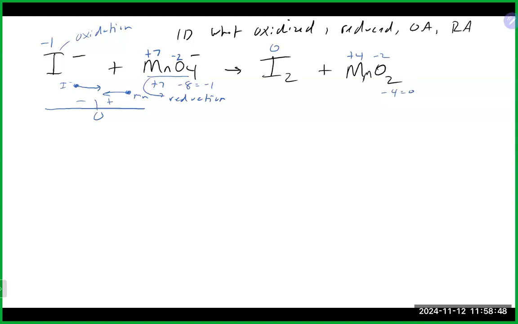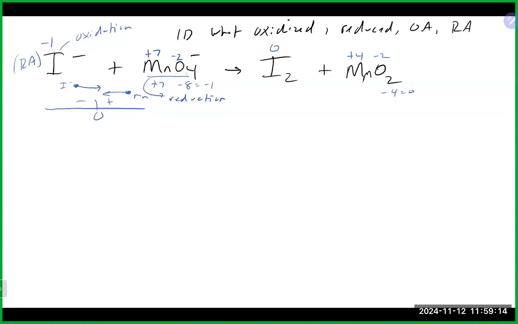That would mean now that we know what is being oxidized and what is being reduced, we could also identify our oxidizing agent and reducing agent. And remember, it's opposite of what's happening to that substance. So the I⁻ is being oxidized, which means it's actually going to be our reducing agent because it will lose electrons. It will cause the reduction of somebody else, which is why it's referred to as the reducing agent.